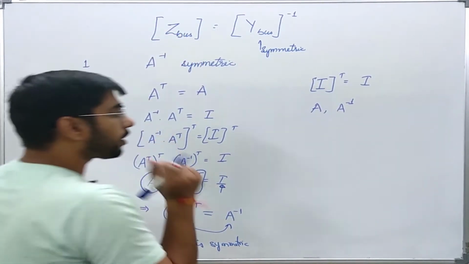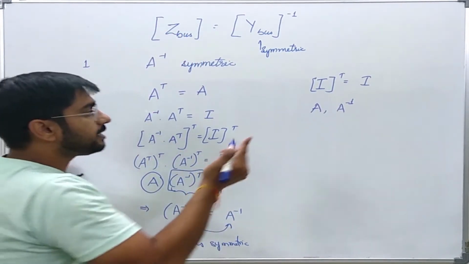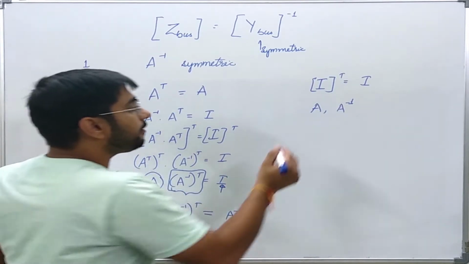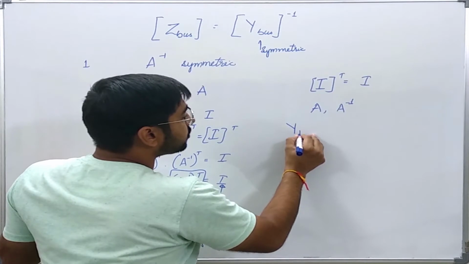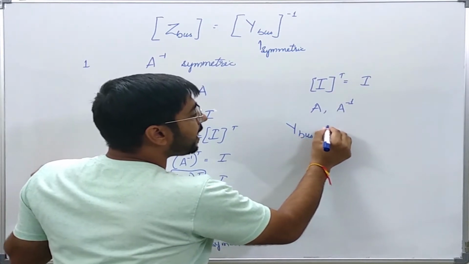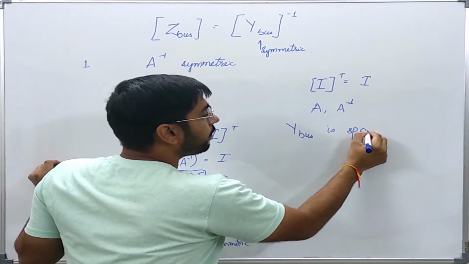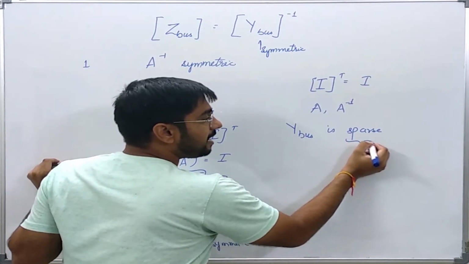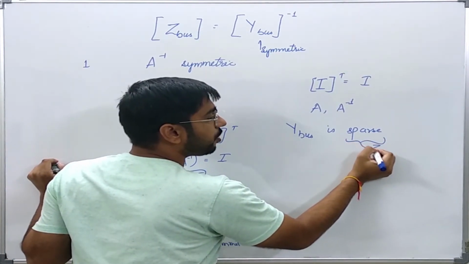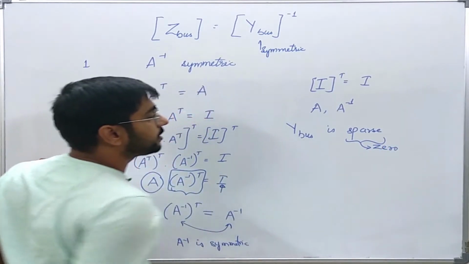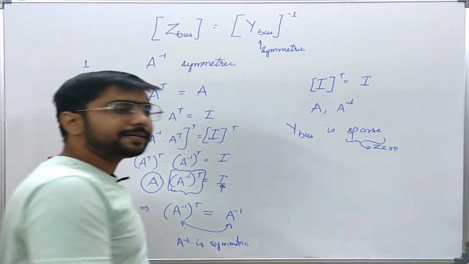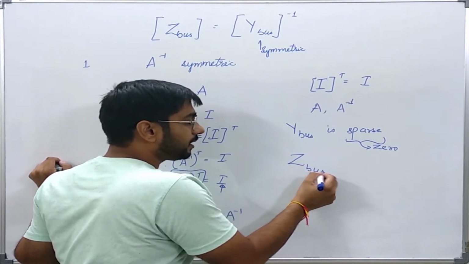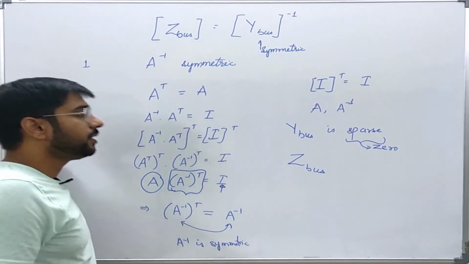Now there is one more question usually asked, which is very simple. We already know that the bus admittance matrix, that is Y bus, is sparse in nature. What does it mean? That the majority of the elements are 0 in the Y bus matrix. Now the question usually asked is about the sparsity of the Z bus or the bus impedance matrix.